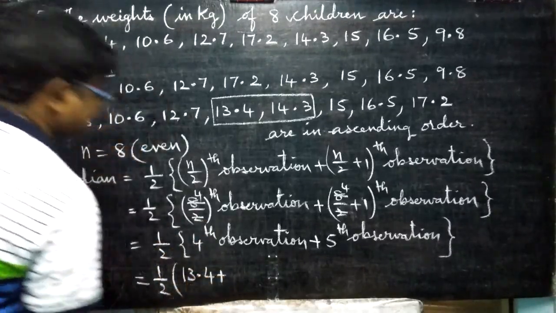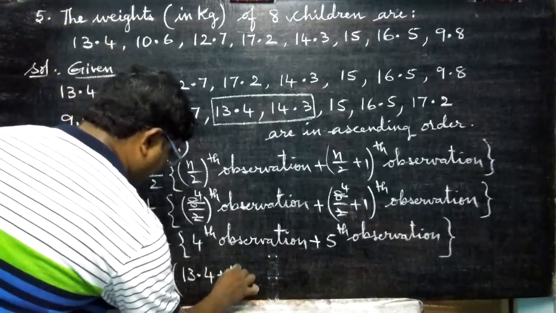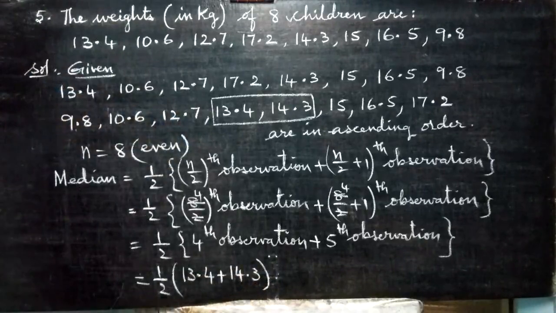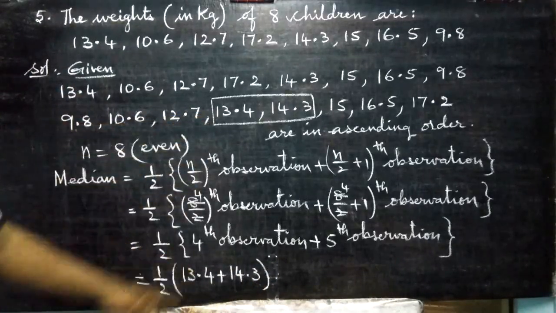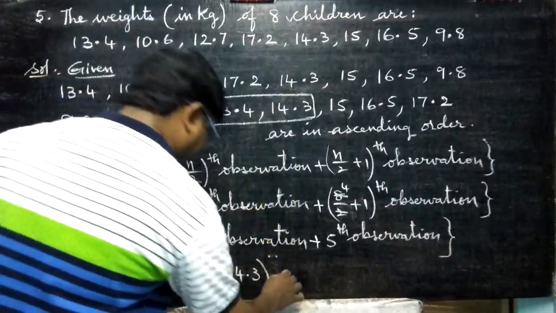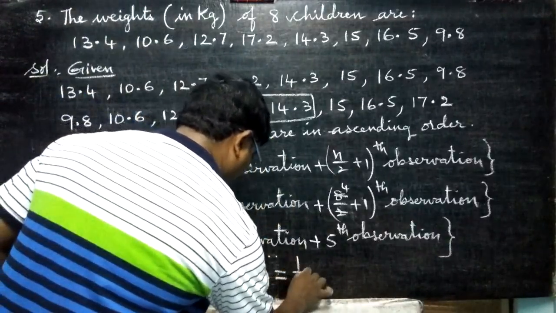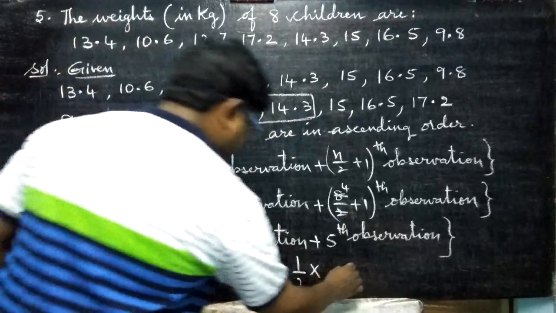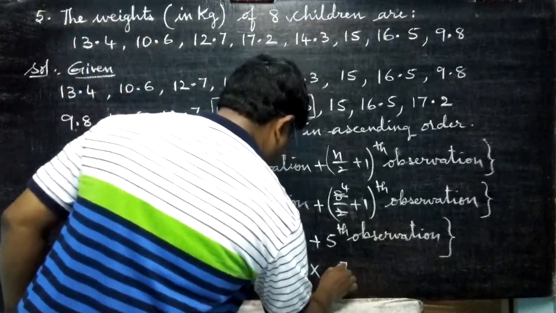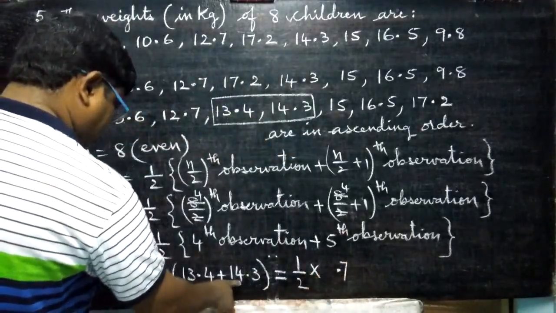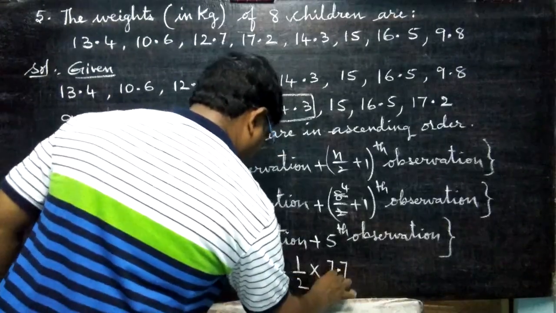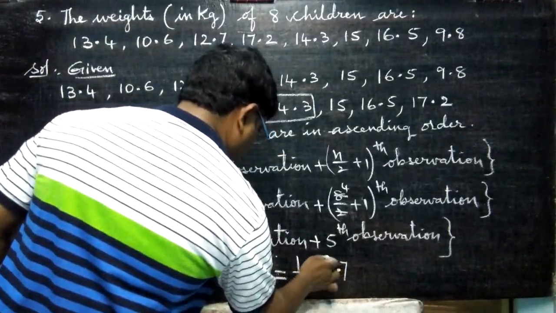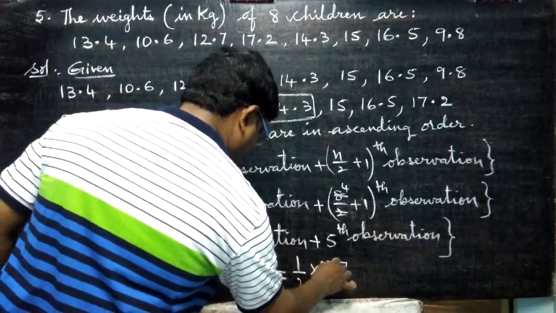Half of 13.4 plus 14.3. Are you able to follow? 13.4 plus 14.3 is equal to half of the sum: 3 plus 4 is 7, 1 plus 1 is 2, so 27.7.